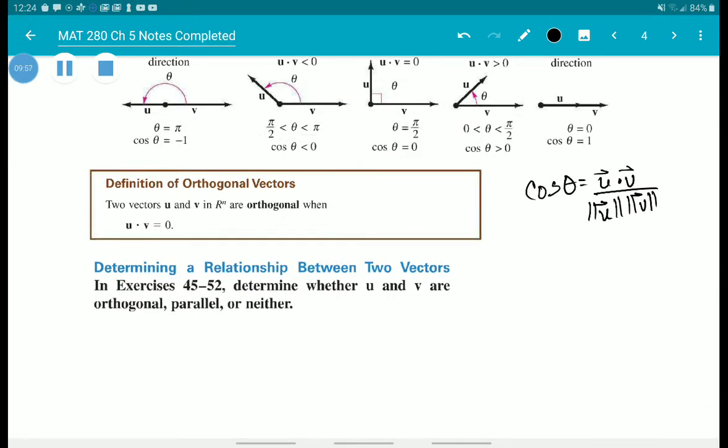Now we can use this idea of a dot product to tell us whether we have orthogonal vectors. We already said that u dot v has to be equal to 0 to be orthogonal. To be parallel, one vector has to be a scalar multiple of the other.